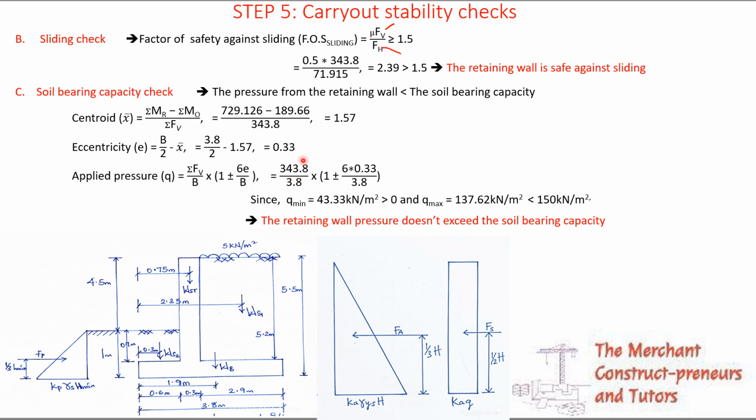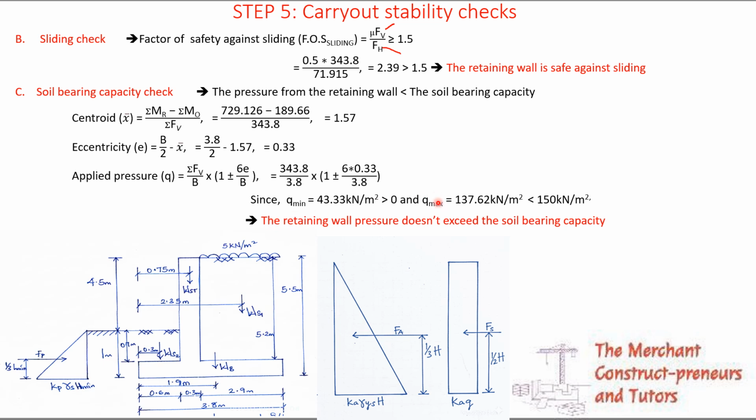So when we calculated this, we got our minimum pressure as 43.33 kilonewton per meter square, which is greater than 0, and the maximum pressure as 137.62, which is less than 150 kilonewton per meter square.